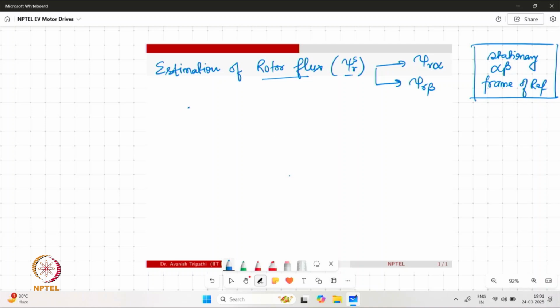Now, as stated earlier, the rotor flux can be expressed in terms of the magnetizing flux and the rotor leakage flux, which is LLR times IR, and the equation is written in the stator oriented, stationary alpha beta frame of reference.